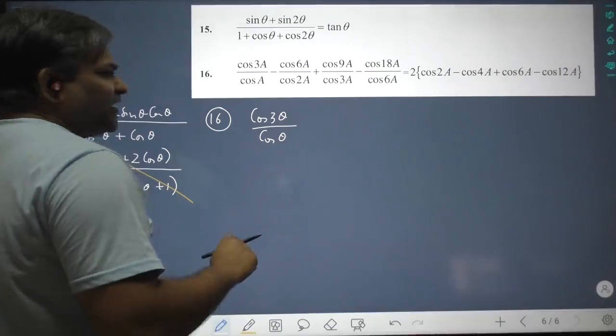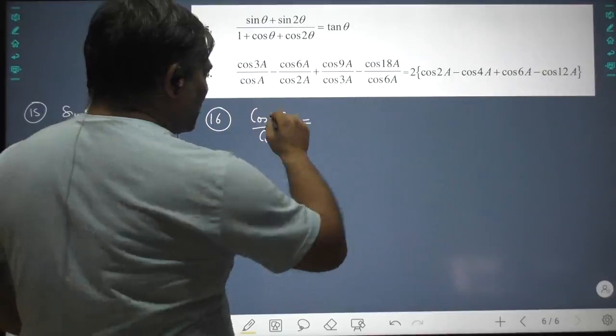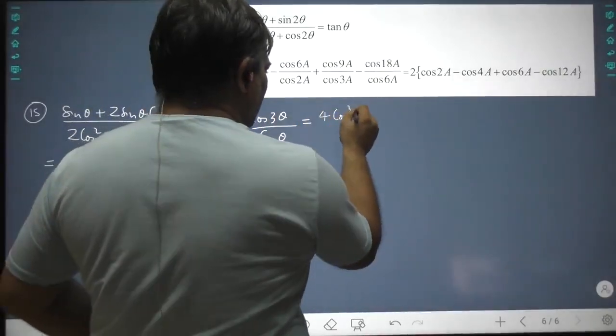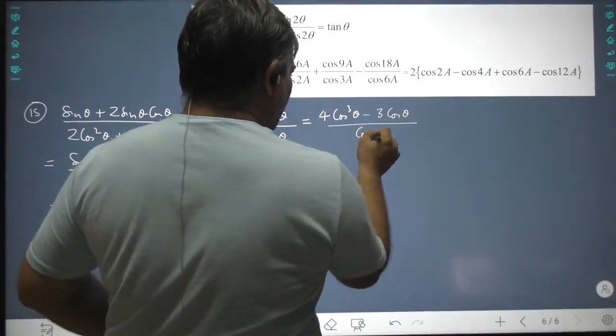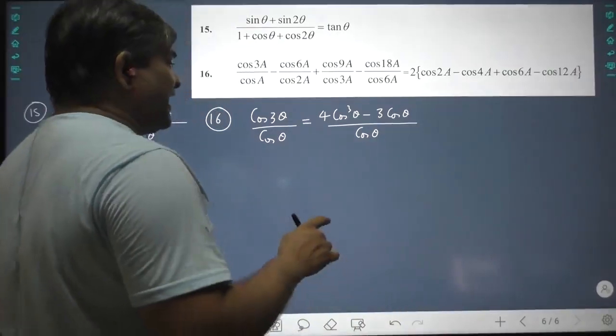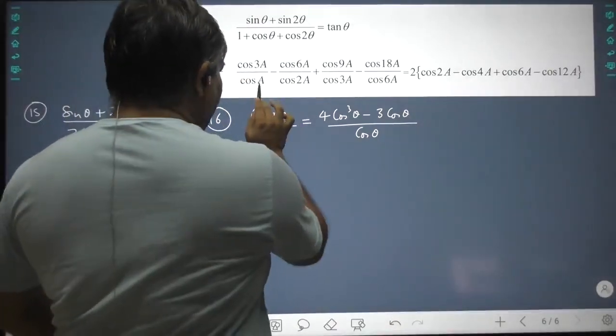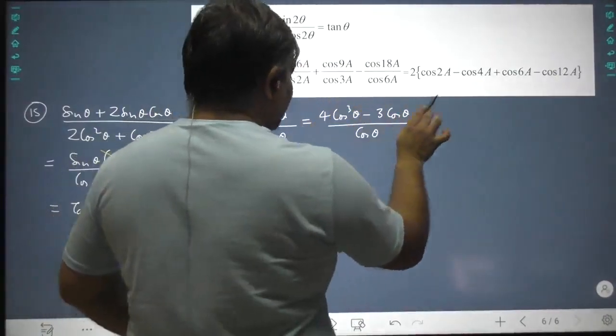So what I am thinking, let me manipulate this. I can break down cos 3 theta as 4 cos cube theta minus 3 cos theta whole upon cos theta. Now my eyes are also seeing, and my mind is telling me here A, here 2A, 4A, 3A, 6A.